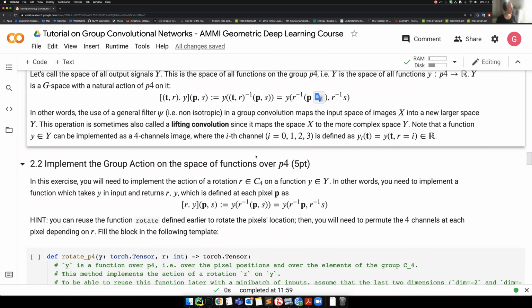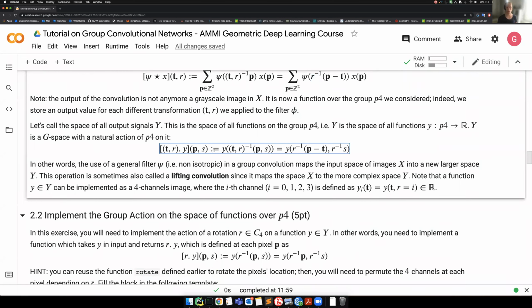The question is why, you mean this one? Oh, this is just telling you now that the output of our convolution is not anymore an image, right? So if we want to transform this output, we don't transform it like an image by just rotating the pixel, but we also need to rotate basically the channels.